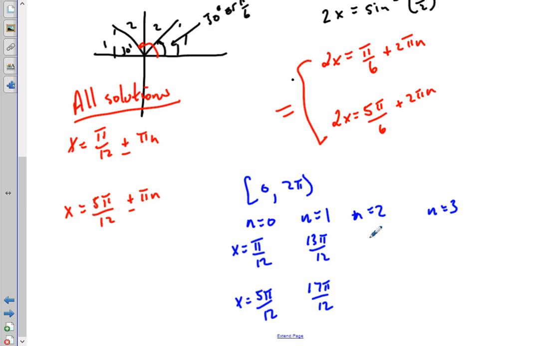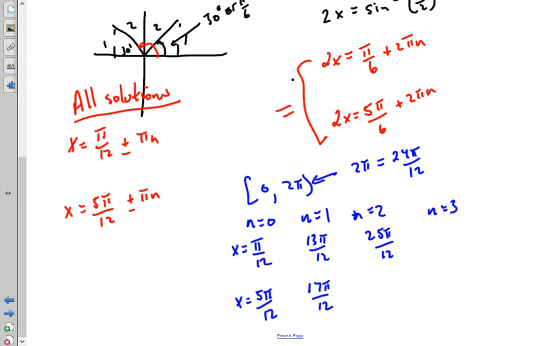And how far are we going? If we go to n equals 2, it's going to be 24. But if you recall, the highest we can go is 2 pi, which is actually equal to 24 pi over 12. If I put a 2 right there, 24 plus 5 would be 25 pi over 12, which is past what I want.